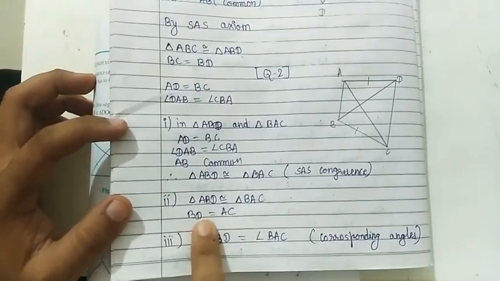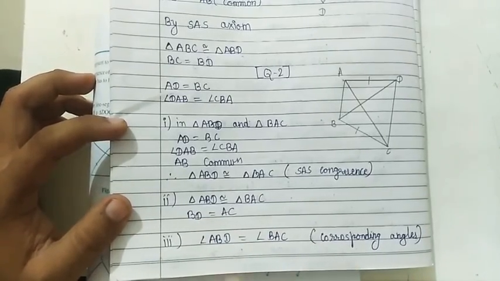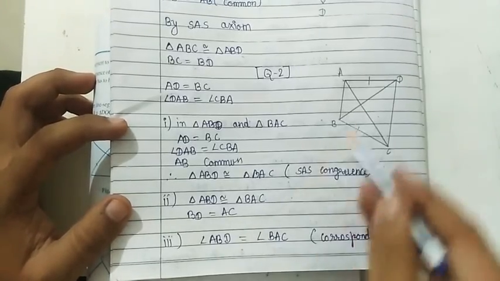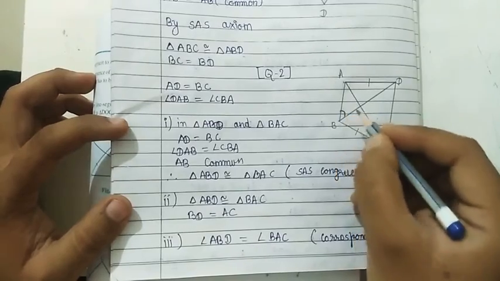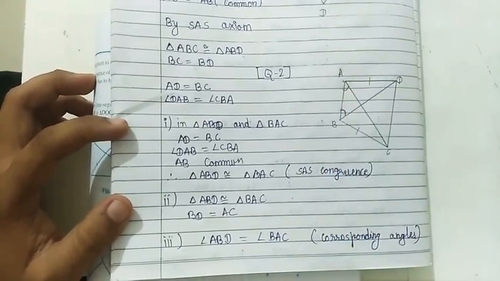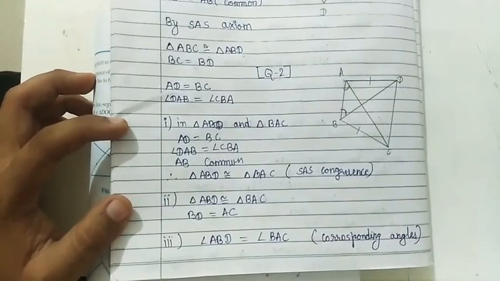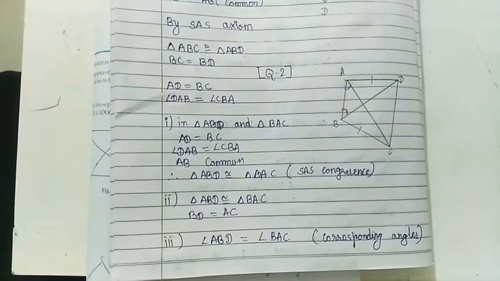So it is proved BD is equal to AC, and angle ABD is equal to BAC, because they are corresponding angles. ABD means this angle, and BAC, these both are corresponding angles. So we can say that these both are also same. Okay. So here question number 2 is over.